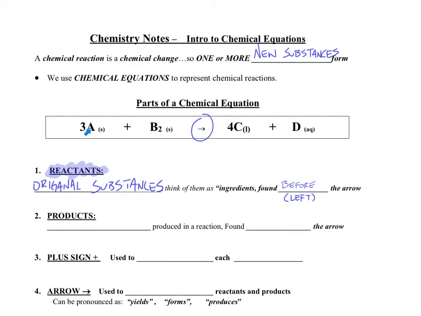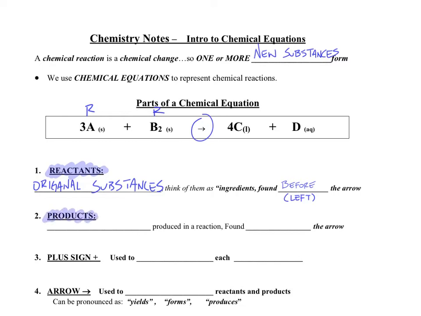Here, A and B are reactants, so I'm going to label those with R's. Those are going to be compounds or elements on the periodic table. Those are my reactants.